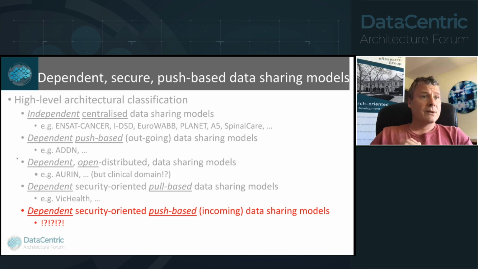The final one was a dependent security under a push model. So this would be the ideal. There's a standard set of technologies where I can run a query. It gets intercepted at a firewall and by a service. In security terms, it might be a PDP, a policy decision point, and a policy enforcement point, which says, this is Rich, he's trying to access this database. Do we allow or don't we allow him? I've not yet ever had to deal with that scenario.